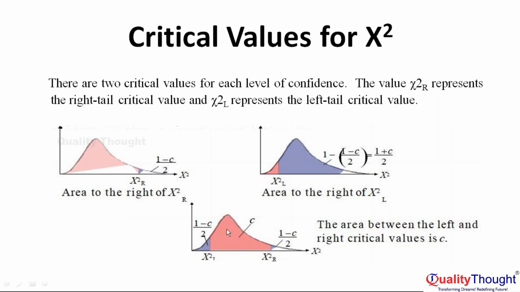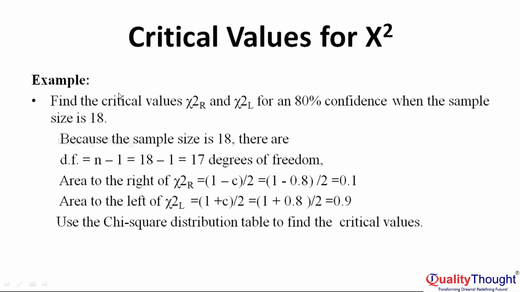If the middle area is c, the left and right tails each represent 1 minus c divided by 2. So the area between the left and the right critical values is c. Got it? Okay.